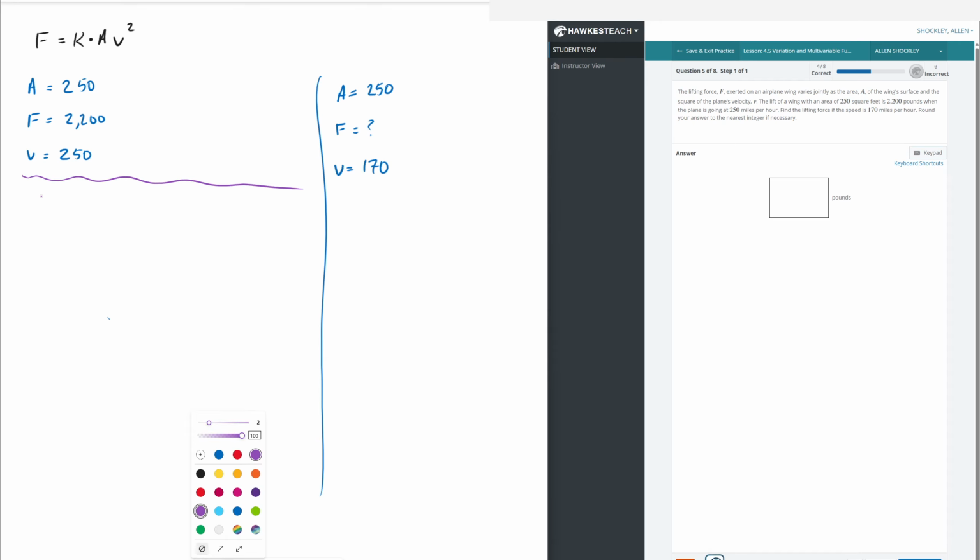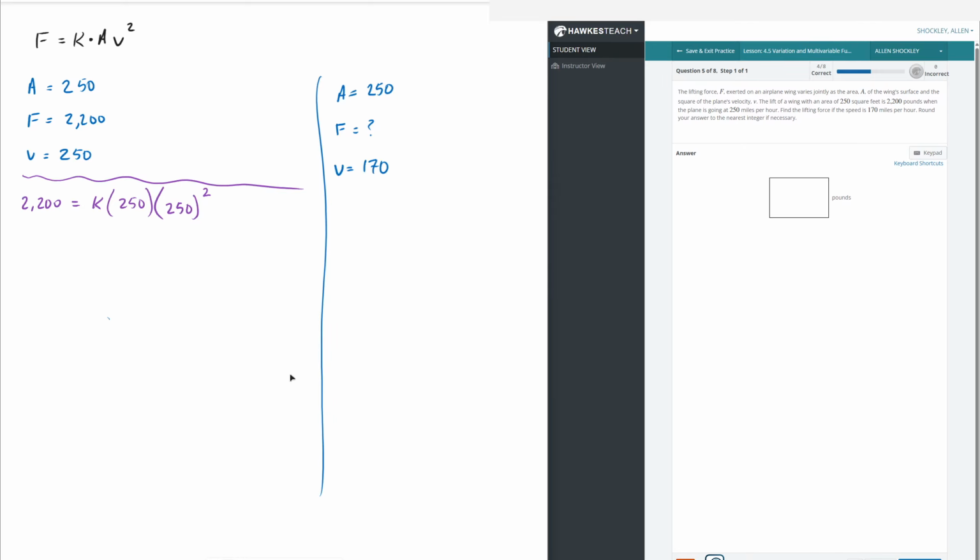So the force of 2,200 equals K times 250 times the velocity of 250 squared. 250 times 250 times 250 is just 250 to the third.